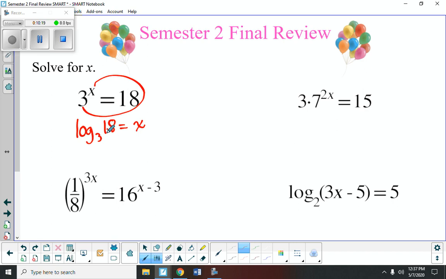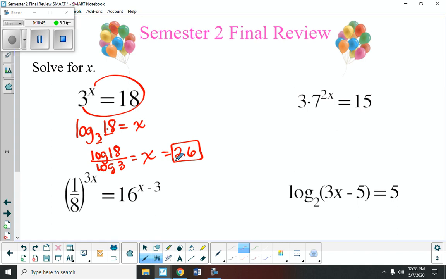And if you have a number here and a number here, we can use the change of base formula. So we type in our calculator log 18 divided by log 3, and you'll find out what x is. So let me type that in. Log 18 divided by log 3, and we end up with 2.6.